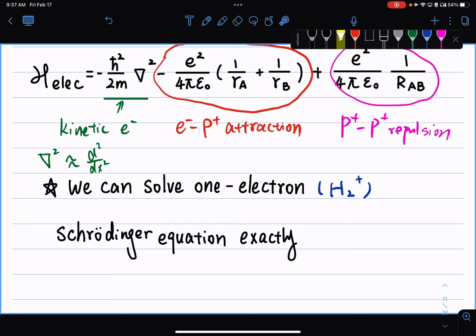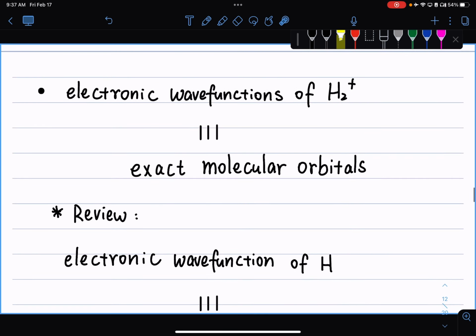So we will be talking about molecular orbitals from now on. But before we move on, I just want to highlight it again. When we are having exact molecular orbitals, that's equivalent to saying that's the electronic wave function of your H2+. Like what we did with the atomic orbitals, right?